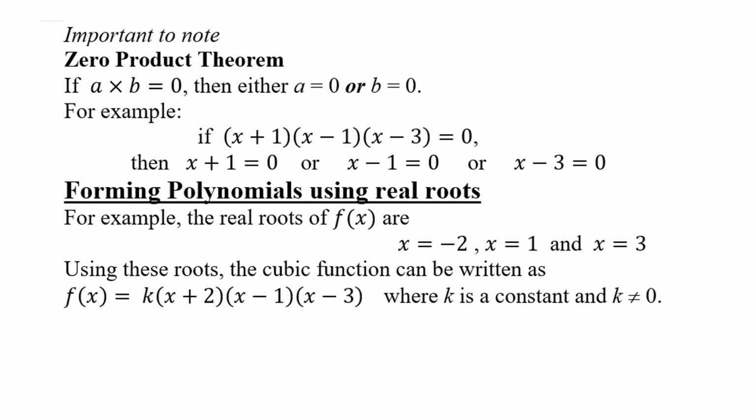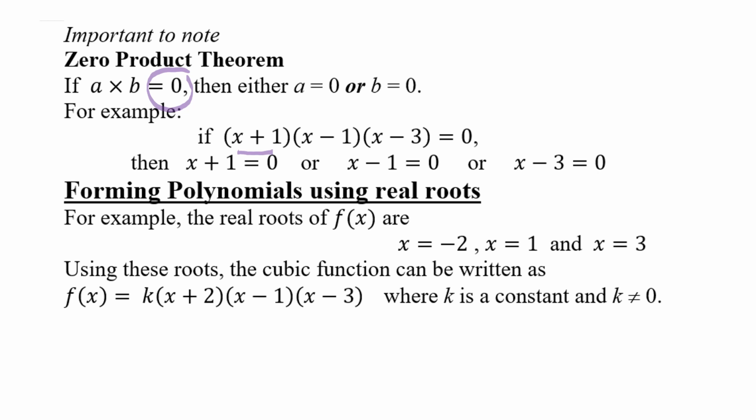So basically, the zero product theorem is that if you have a times b equals 0, if your right hand side is equal to 0, and the left hand side you manage to factorize into linear factors, then from the example you're given, x plus 1 is equal to 0. Why is it? Because if x plus 1 is 0, anything times 0 will give you 0.